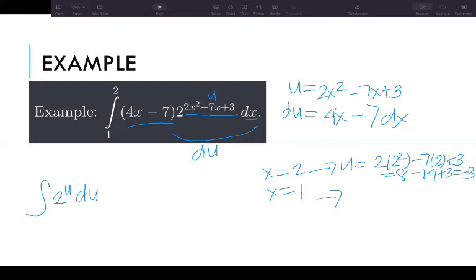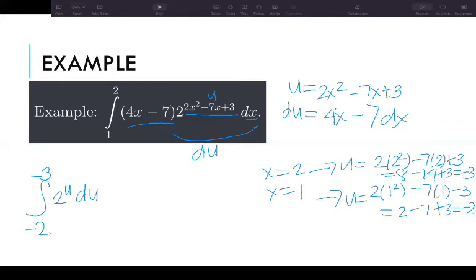And for x equals 1, u equals 2 times 1 squared minus 7 times 1 plus 3, which is equal to 2 minus 7 plus 3, negative 2. Negative 2, negative 3. Just like what we said earlier, if b is less than or greater than a, it doesn't matter.